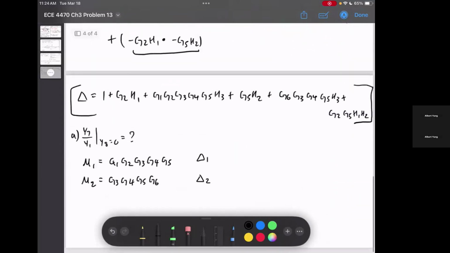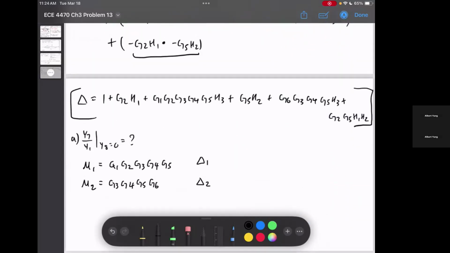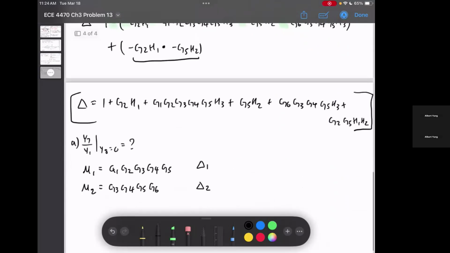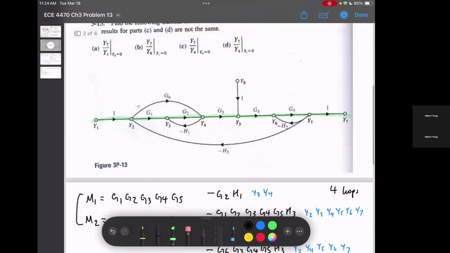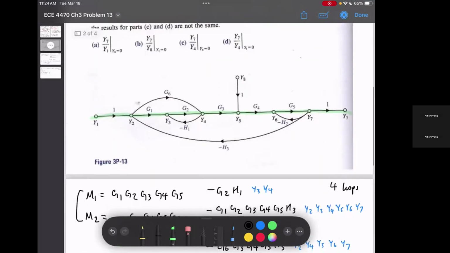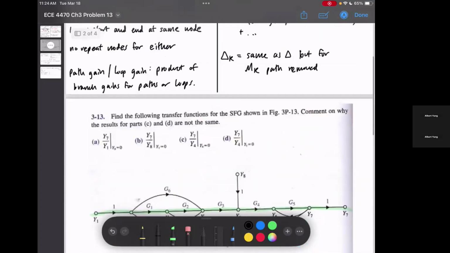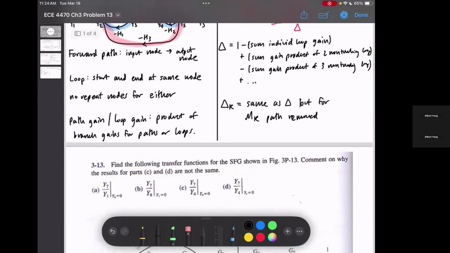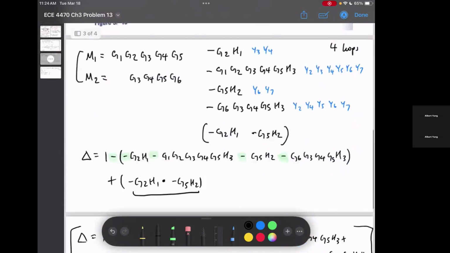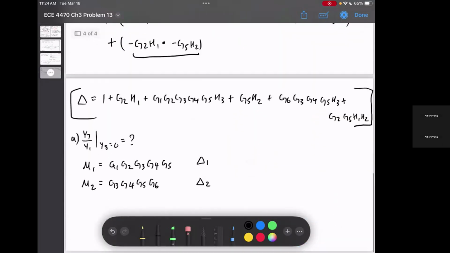If we go with M1, if we remove that whole thing and all the nodes included in that, then all of these nodes are gone. Then you can't make any loops with that. So the loops would be 0, which means that it would just be 1 minus 0. It's just still 1. So that's why our first determinant is going to be 1.